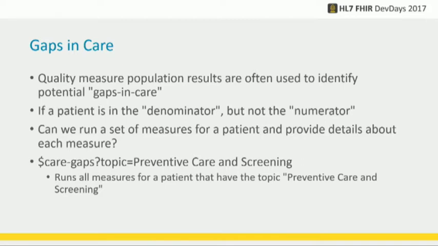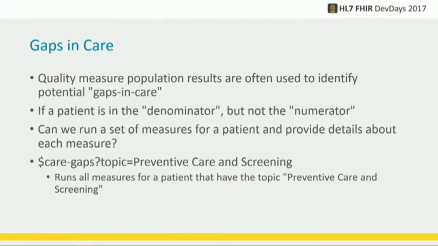So it's a prospective use of the quality measure to create a gaps in care report that says you've got this population, there are these set of people that are not in the numerator and they ought to be, right? That gaps in care report gives you a way to turn that into a care management tool rather than a retrospective quality reporting tool.